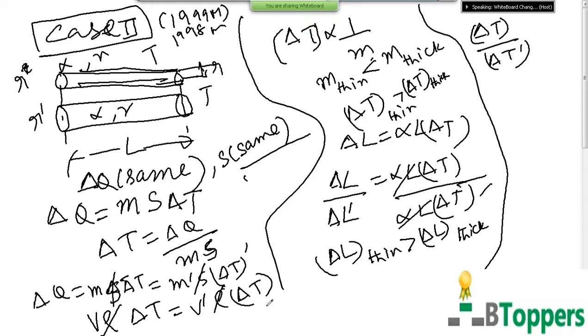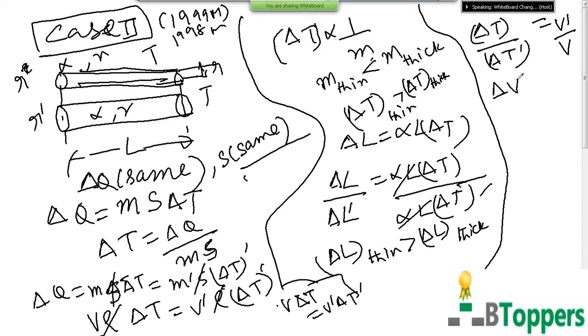Therefore, the product V delta T for the first rod is the same as V dash delta T dash for the second rod. That means the product of original volume and increase in temperature is the same. So the ratio of the increase in temperature of the first rod to the increase in temperature of the second rod is equal to the volume of the second rod by the volume of the first rod.